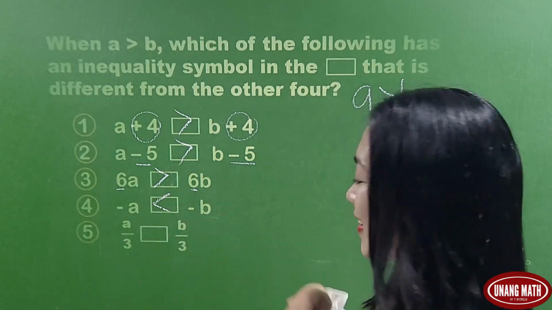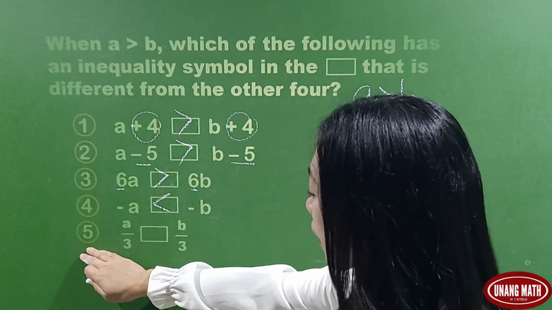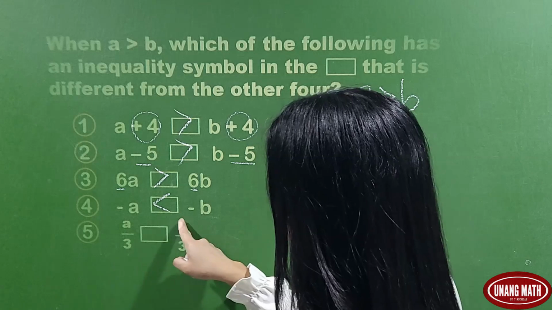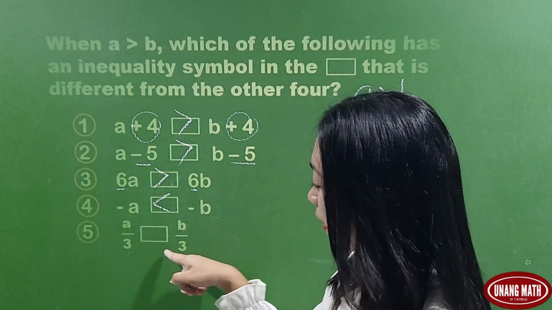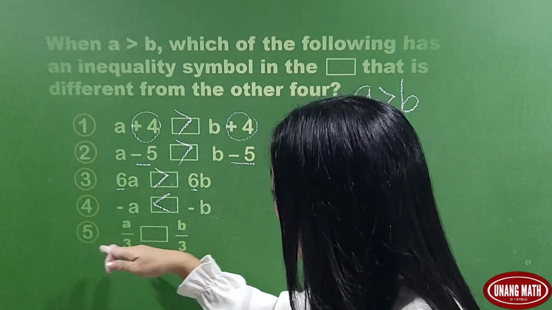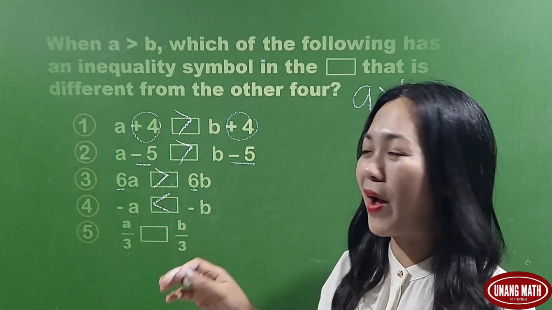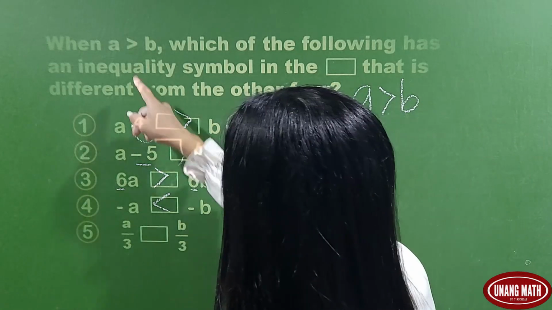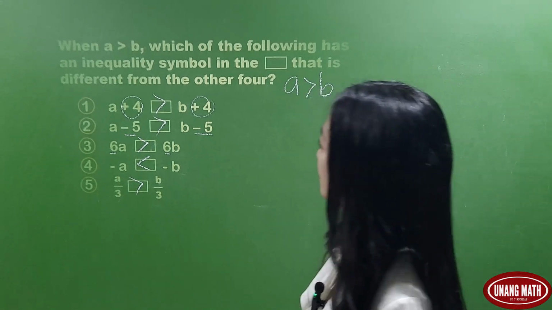Negative A is less than negative B. And for number 5, A over 3, B over 3. So we divided both sides of the inequality by a positive number. So it means the symbol doesn't change. So this is still greater than.